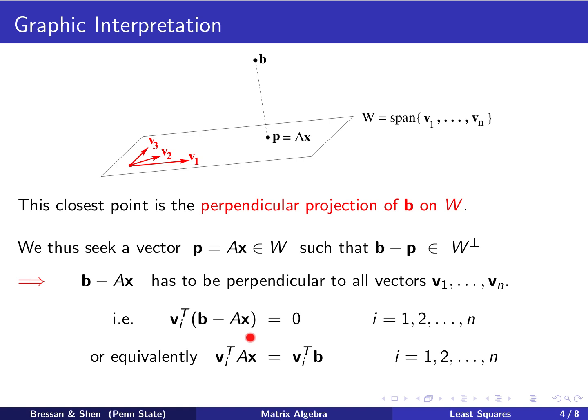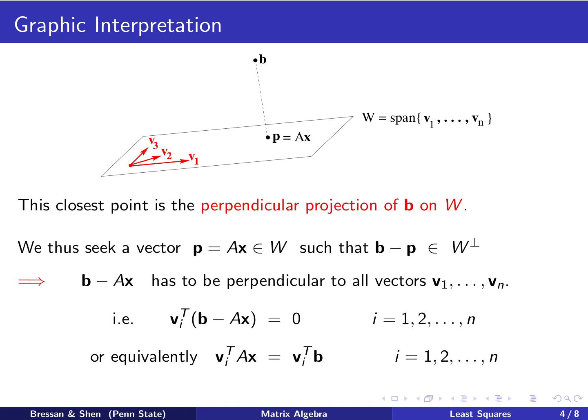Equivalently, we can distribute the product into two terms. So vi transpose times b minus vi transpose times A times x equals 0. Then the two terms must equal each other. That means vi transpose times Ax, the second term, must equal the first term, vi transpose times b.